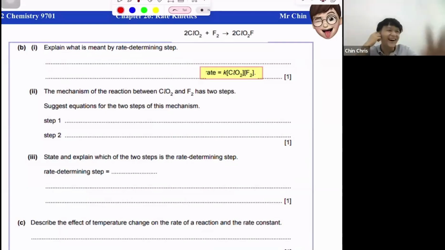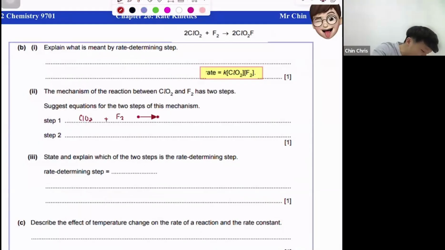Can free radical. Go, do free radical. Okay, go. F2. Okay, let's go, guys. I have ClO2 plus F2. You guys like F2 so much, okay, I give you F2.